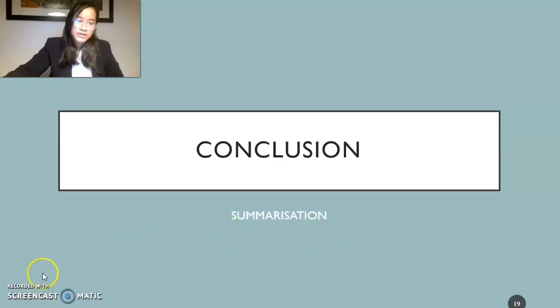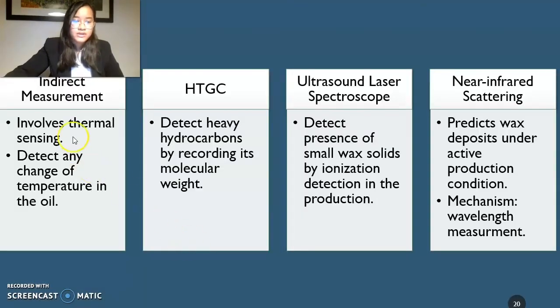Now the slide is back to me for the conclusion part, or summarization. These are some of the summaries for indirect measurement. It involves thermal sensing and detects any change of temperature in the oil. HTGC detects heavy hydrocarbons by recording their molecular weight.